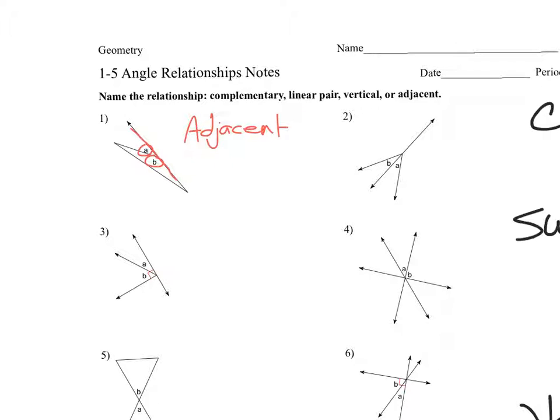There are some parts in this that are not necessary, like this line segment right here, which doesn't tell us anything else in this problem. It's just an added feature in the question itself. So these are adjacent, but they're also a linear pair because they form that line, so they have to equal 180 degrees if you add them together.